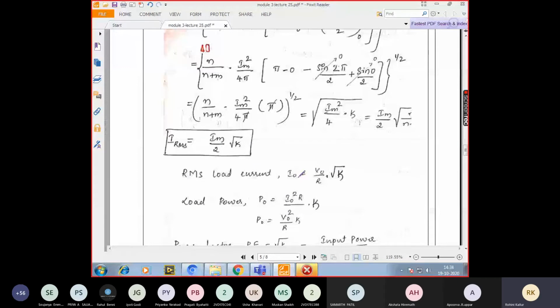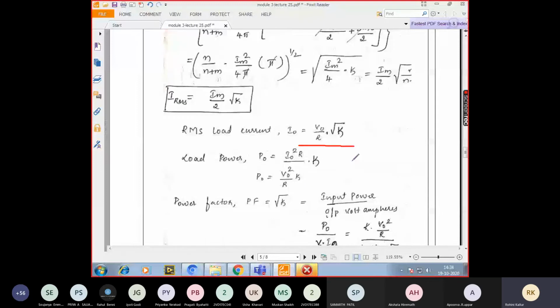Even if we calculate like this, we will be getting the same output. Fine. So this is load power. Load power is nothing but power P is equal to V into I. So we will calculate V0 into I0.